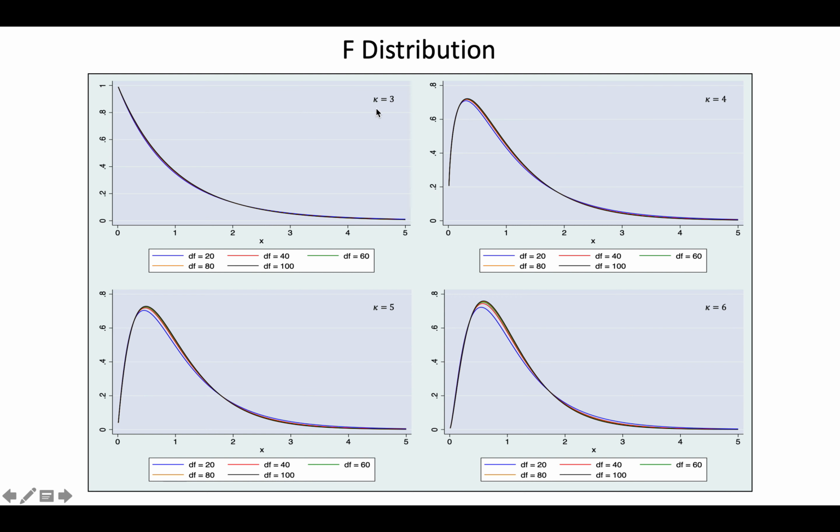So when you have, for example, 3 groups and 20 degrees of freedom, you have to follow this curve, and if you increase the number of groups, you see how different the curve is going to be.